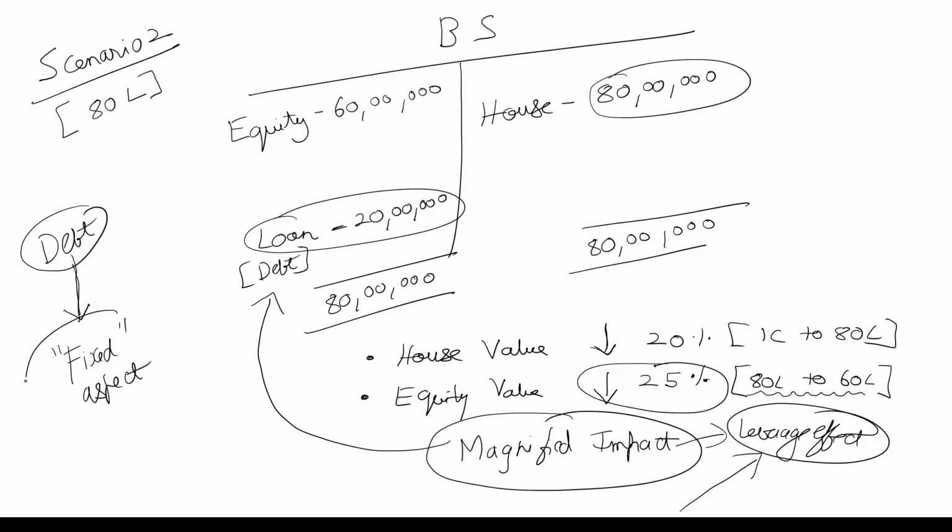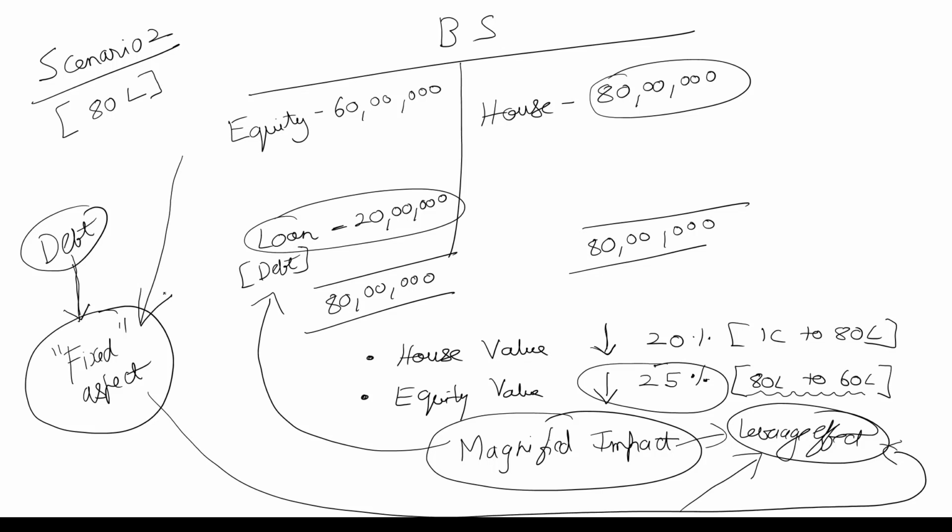So anything which has a fixed aspect is expected to cause something like a leverage effect here, right? So the trigger could be something, you could see the impact on something else, but if the impact has to be magnified, then there must be something which has a fixed aspect here. So that is probably the take home that we can take from example 1, where we looked at one type of financing structure, and then we also looked into the second type of financing structure, right?